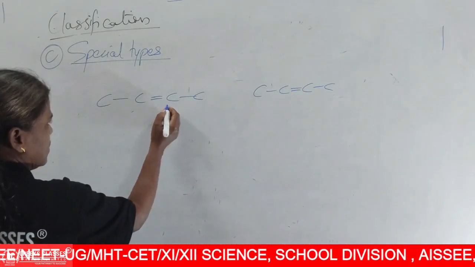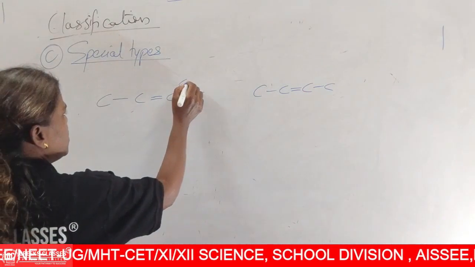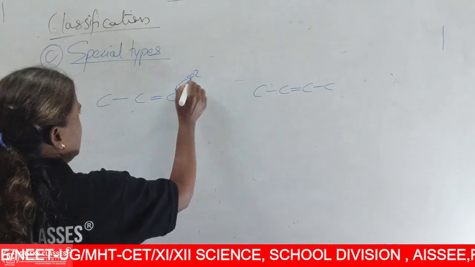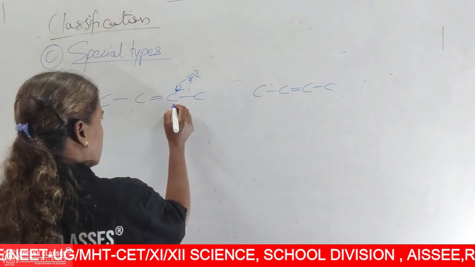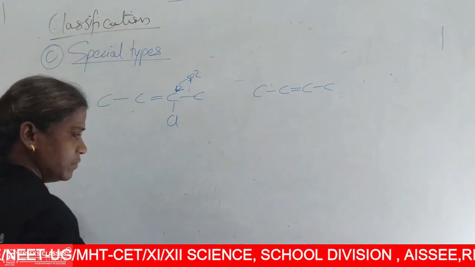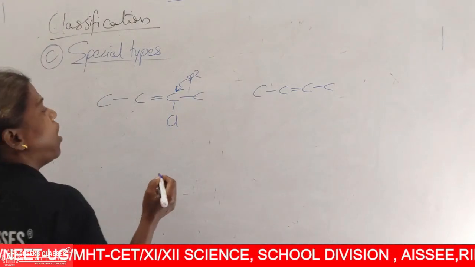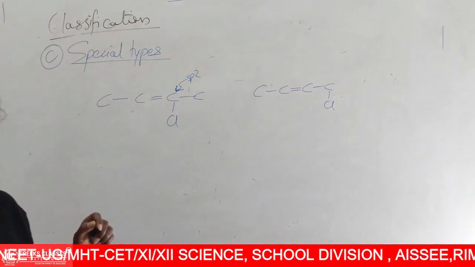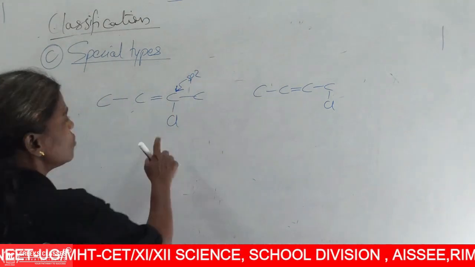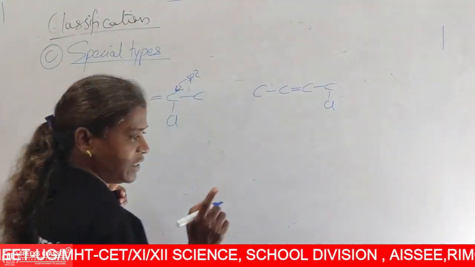Look at this carbon, it is sp2 hybridized, and this carbon would have chlorine, that is one possibility, or perhaps the neighboring carbon can have chlorine group attached to it. So these are the two possible ways I am writing.